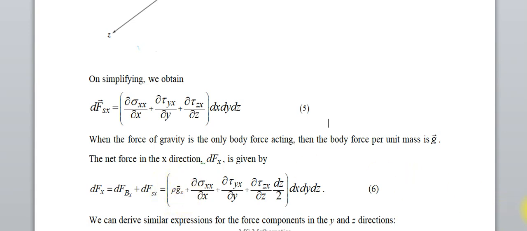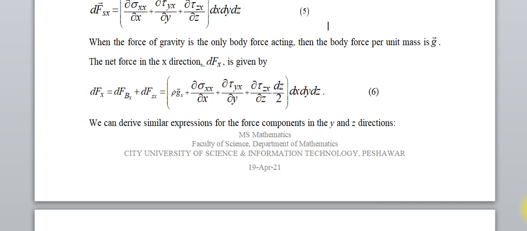Remember that this portion comes from the surface forces, and this portion comes from the body force. Similarly, we can do dFy, which will be equal to the body force in the y direction plus the surface forces in the y direction, and that will be rho gy plus partial by partial y of sigma yy plus partial by partial x of tau xy.